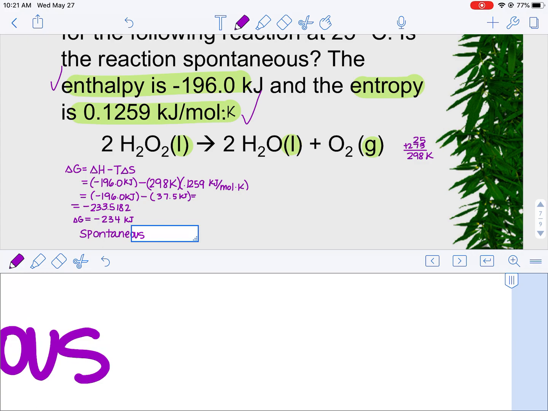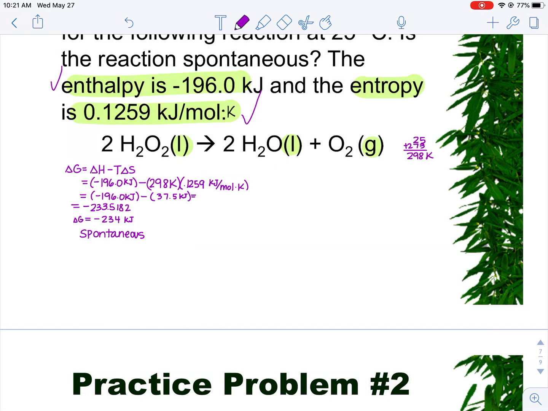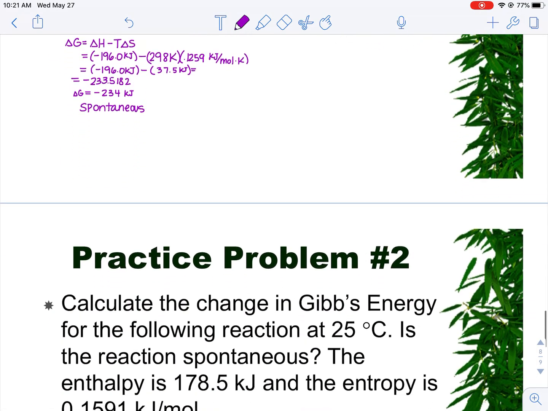You'll be able to hear the decomposition where the oxygen gas is coming out of the reaction, and then eventually all that you'll be left with is a puddle of water in your sink. And we knew that it would be spontaneous because the enthalpy and the entropy were both favorable to what nature likes. Let's try one more.